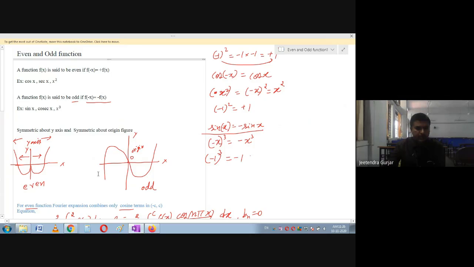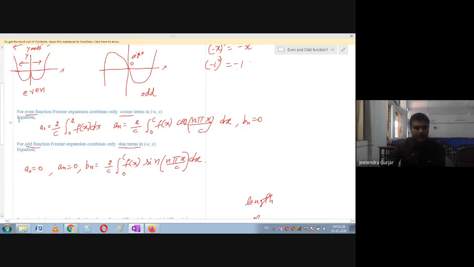So please remember this. Next, for even functions, the Fourier expansion contains only cosine terms. Very important: even functions are cosine functions, odd functions are sine functions or sine terms. Suppose the interval is given as minus c to c.